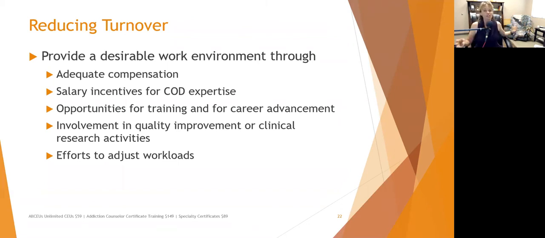So how can you adjust workloads to help her out, so she can get her work done? Maybe have people cover her groups so she's focusing more on doing the individual sessions and keeping her paperwork up. So there are a lot of different ways you can wax and wane to make sure that people are getting their needs met and there's a work-life balance.